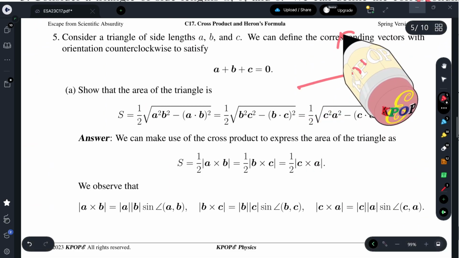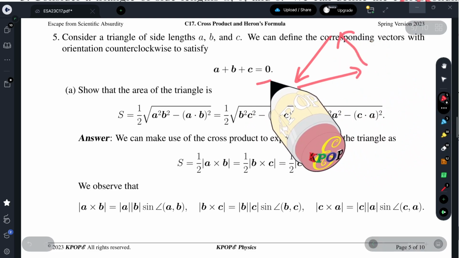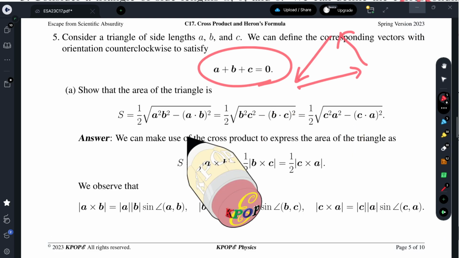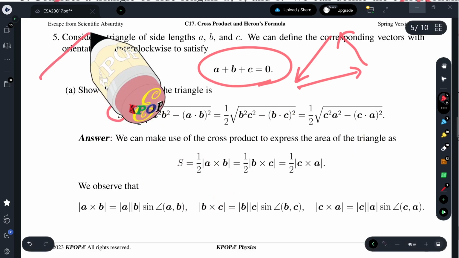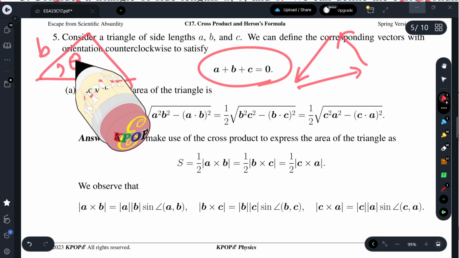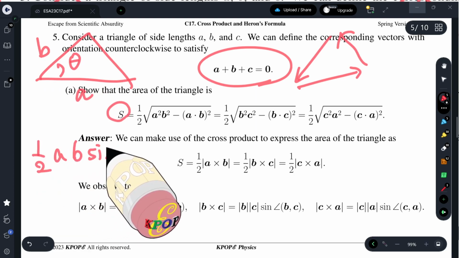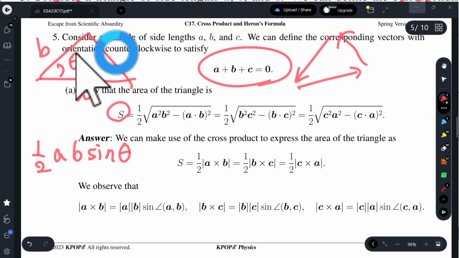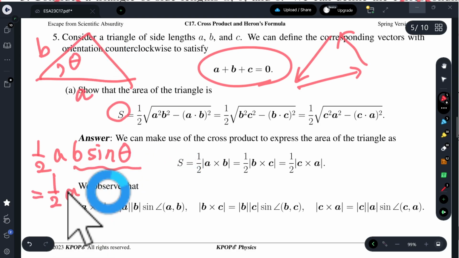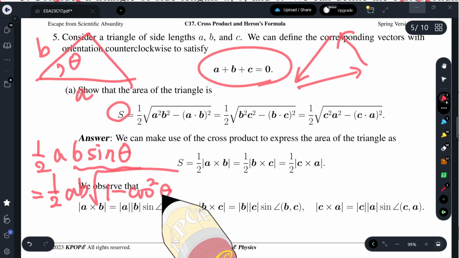Because these three side vectors are connected in series, the sum is always 0. We recall that the area of this triangle is, for example, with sides A, B and angle theta, 1/2 AB sine theta. And because this sine theta is positive, it is 1/2 AB square root of 1 minus cosine squared theta.